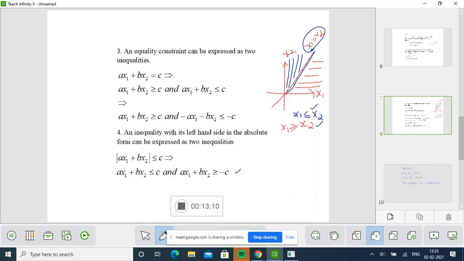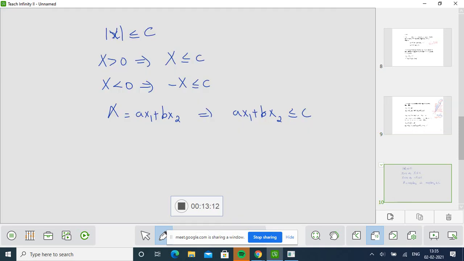When I multiply both sides by minus 1, this implies x is greater than or equal to minus c, or I have ax1 plus bx2 is greater than or equal to minus c. Now it is clear? This is how I got that property.